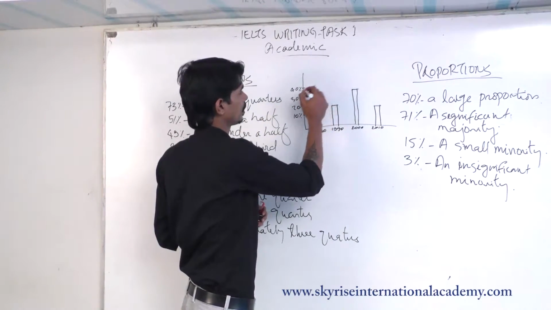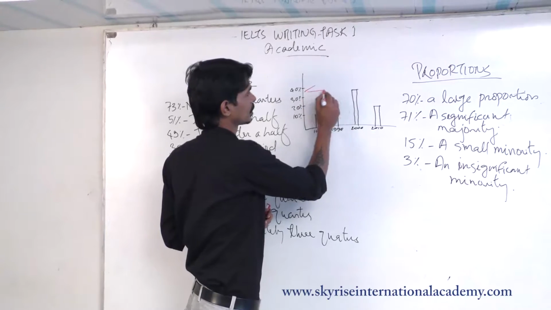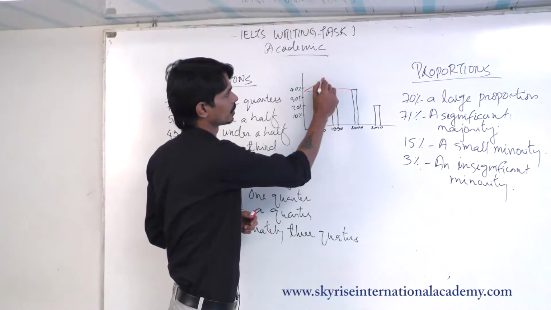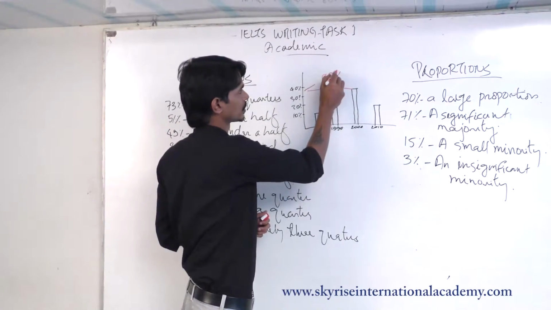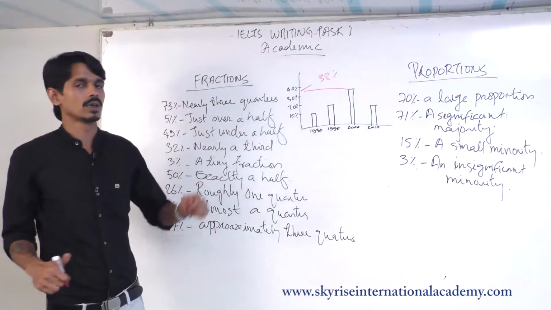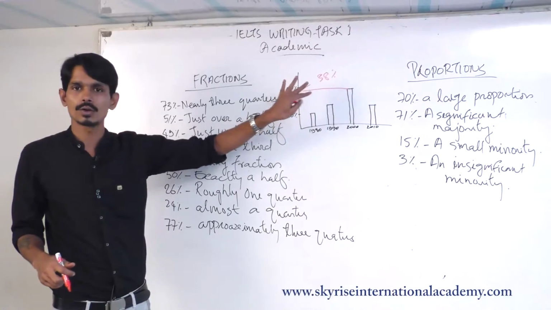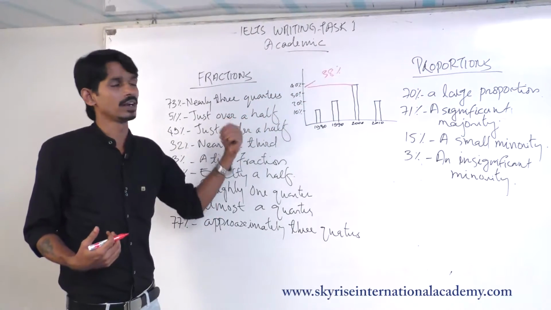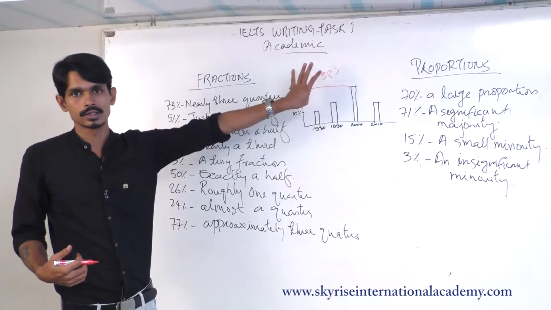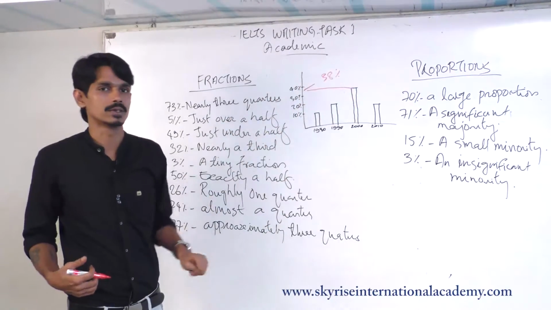Now people say that because it is reaching this level. I have seen some of my students using 38% here, which is absolutely not correct. As long as you are not 100% sure of the specific number, you cannot really write anything like this. This will be false information.